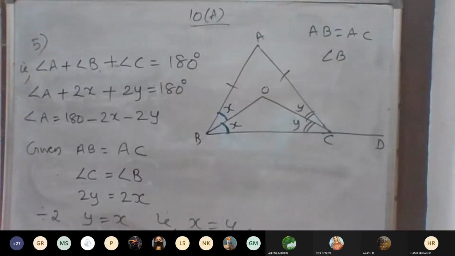We have to find out which one? We have to prove angle BOC is equal to angle ACD. BOC we have to find out, and angle ACD also we have to find out.